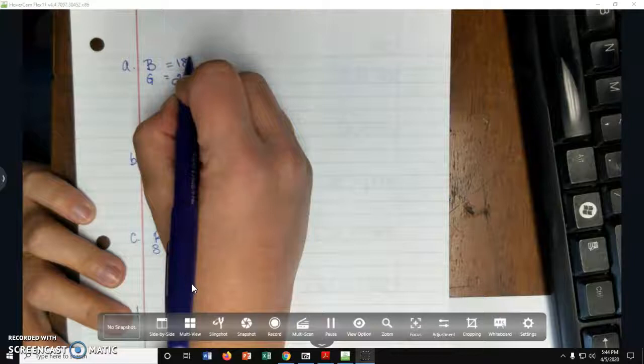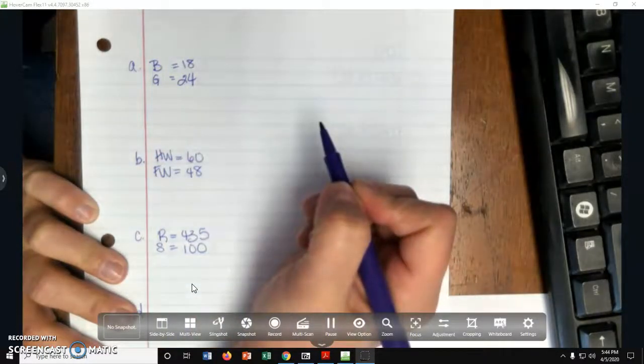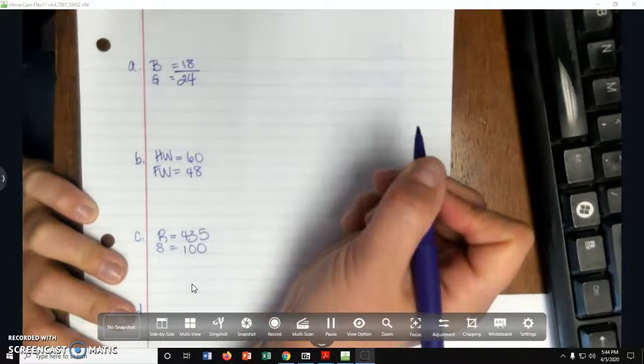So I have a ratio of 18 to 24. You know enough about ratios. For every 18 boys, there are 24 girls. That's our ratio. I like to think about this as a division problem.